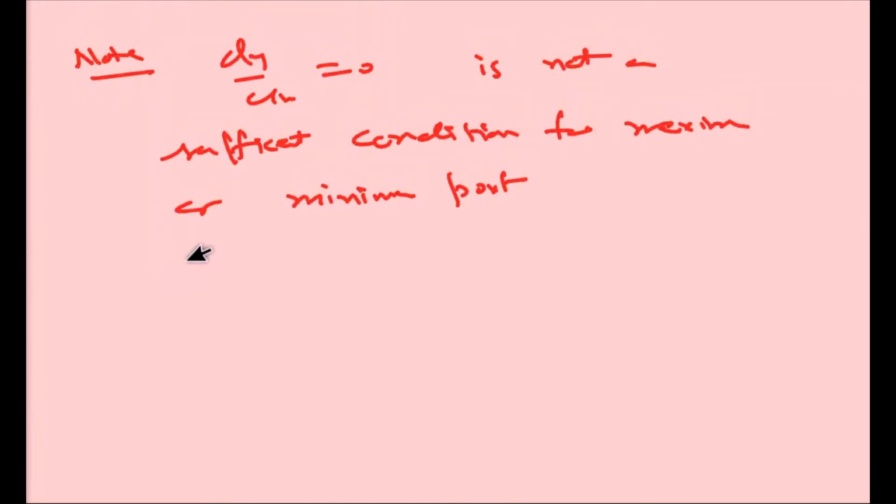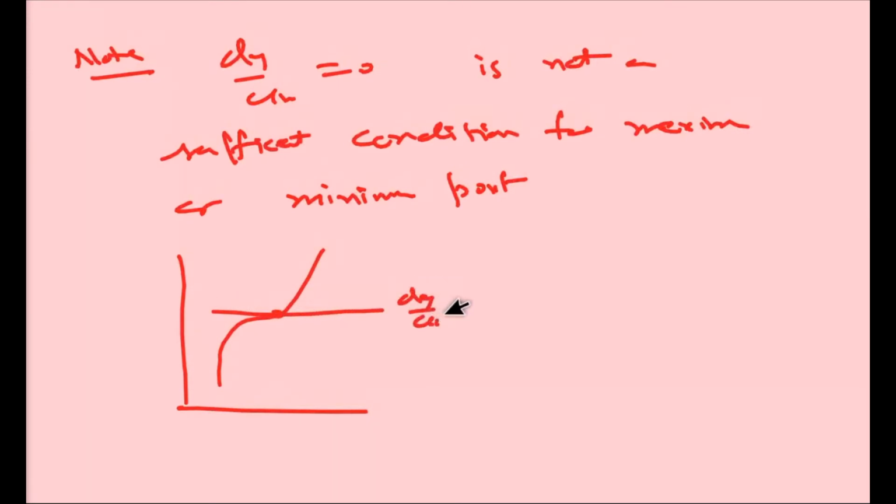Okay, why is this not a sufficient condition? You can see here is a graph, and at this point dy by dx equal to 0, and dy by dx goes from positive to 0 and from 0 again to positive.